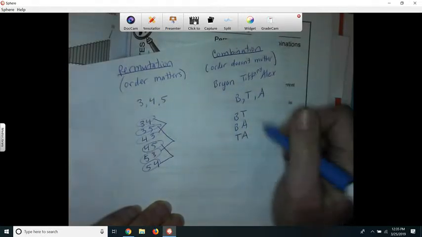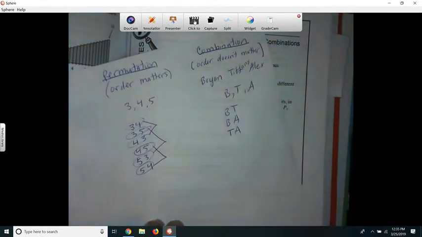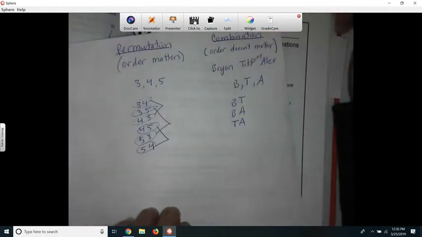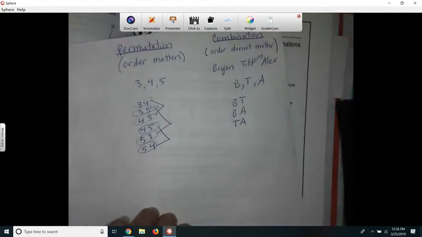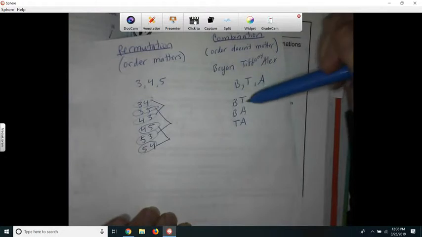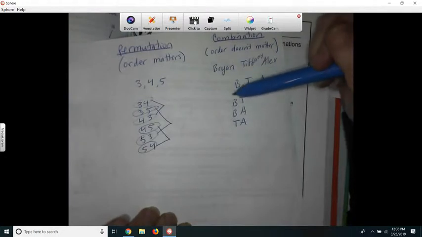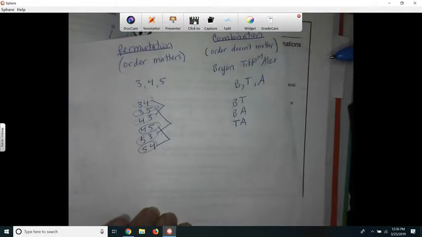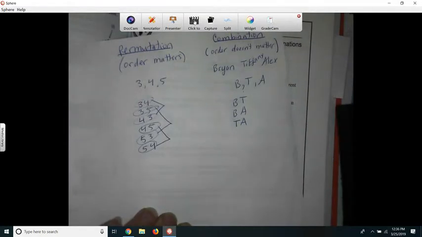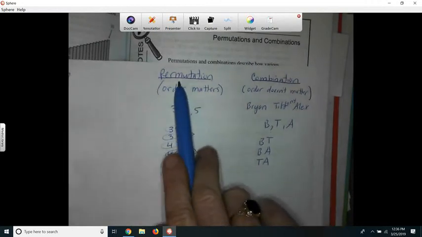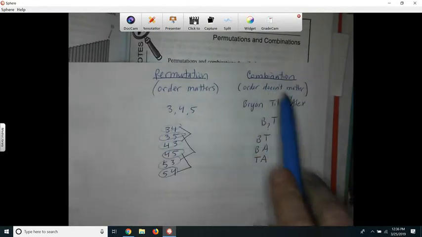Is there any other combination of 2-person teams I could have? Because it doesn't matter if I pick Tiffany first and then Brian second, that's still the same team, right? So that's the difference between a permutation and a combination when the order doesn't matter.